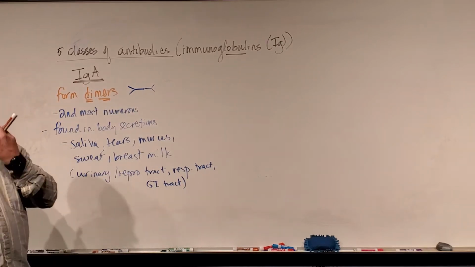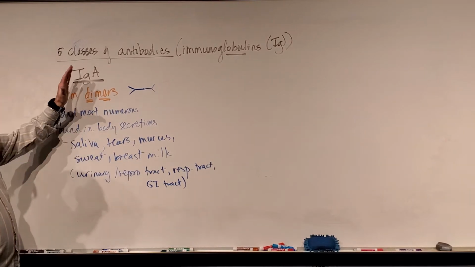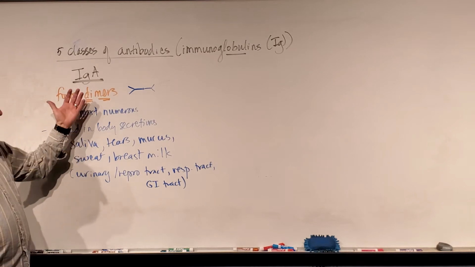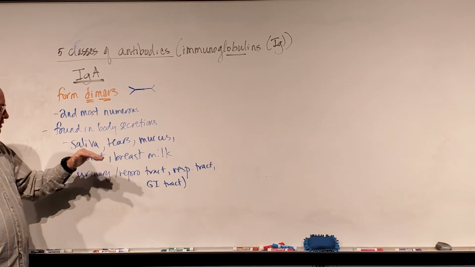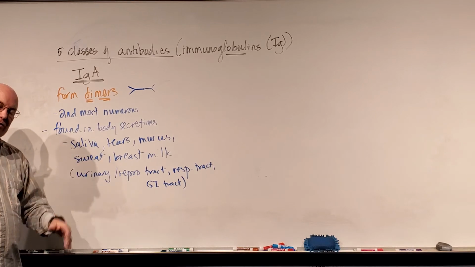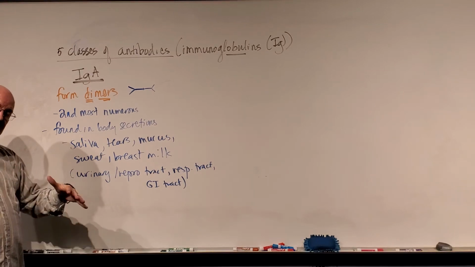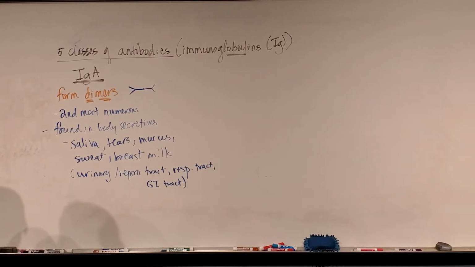So they protect a lot of our mucous membranes internally so that when we take things in, these antibodies can neutralize it rapidly. So once developed, IgA can be found in a lot of our secretions. Saliva, tears, mucus, sweat, even breast milk, and passed into babies that way. It does not cross, by the way, the placenta. It's passed through breast milk. That's passive immunity. Okay? So there's IgA.